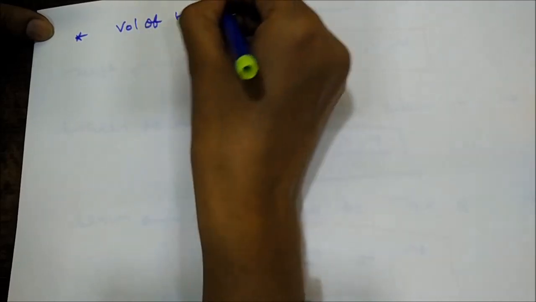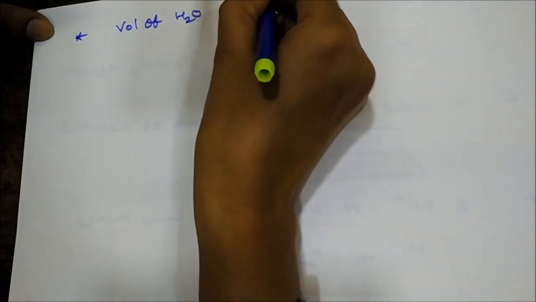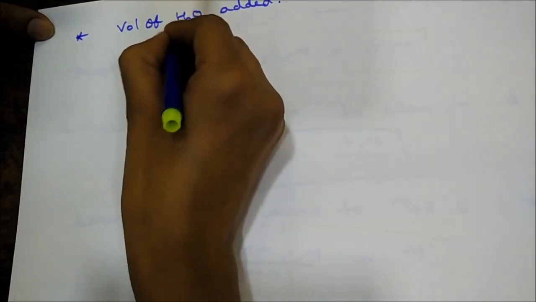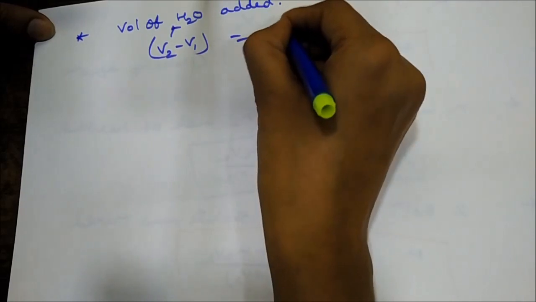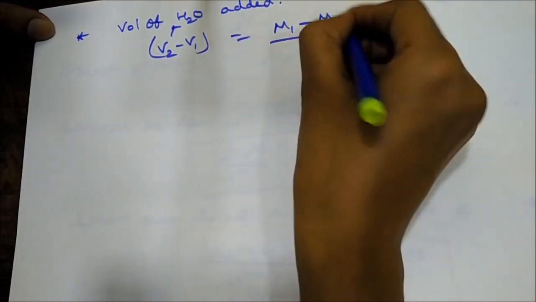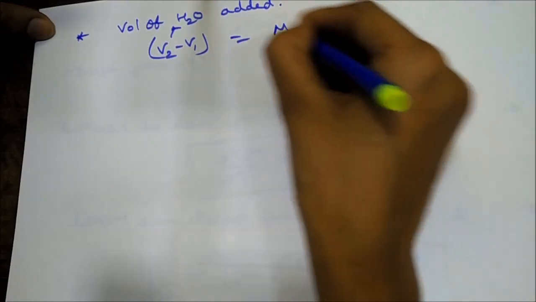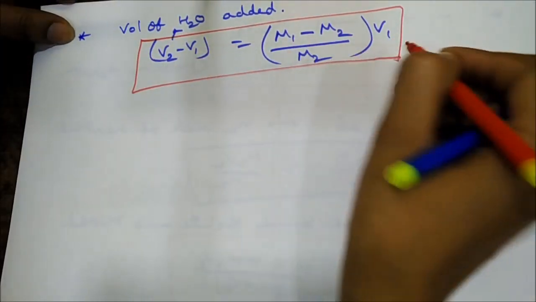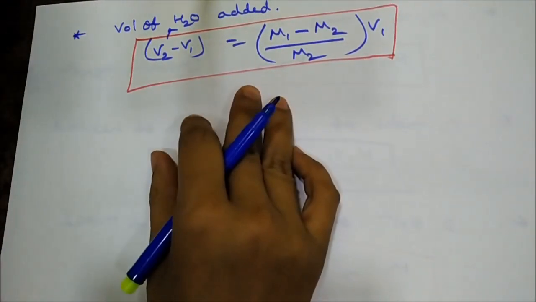If water is added to a solution, then we can find out the volume of water added by the equation V2 minus V1. This is the volume of water added, which will be equal to molarity of first solution minus molarity of second solution divided by molarity of second solution into V1. So by this formula we can find out the volume of water added to a solution.